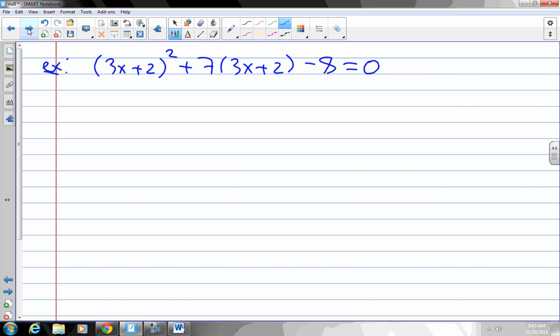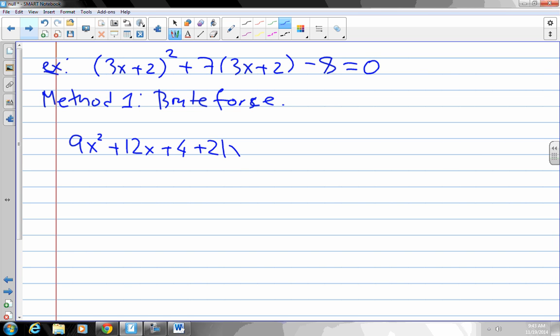I'm going to do it like that to show you which kind of work we're talking about. So method 1, brute force. Open up the parentheses, we'll get 9x squared plus 12x plus 4, right? That's how you square a sum. Then it is plus 21x plus 14 minus 8 equals 0.